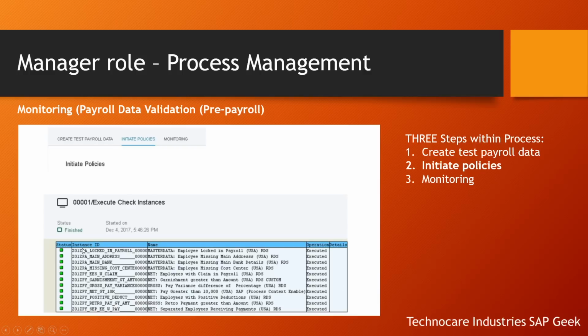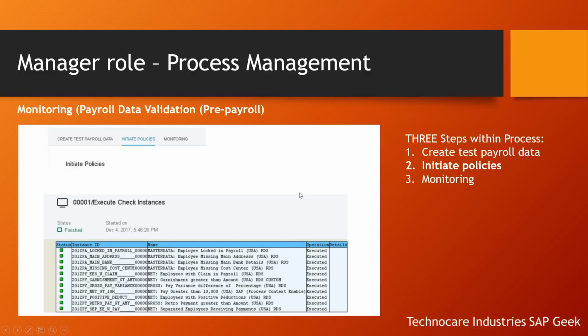So these programs will run in background. They will calculate all the alert validations and KPIs based on the test payroll data which is just created in the previous step. Okay, and they'll give you a summary. This is nothing but, if you go to Employee Central Payroll system and go to SM37 transaction, you will also see a job with this description, and under this job you'll see all the data.